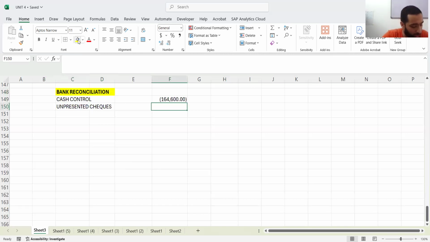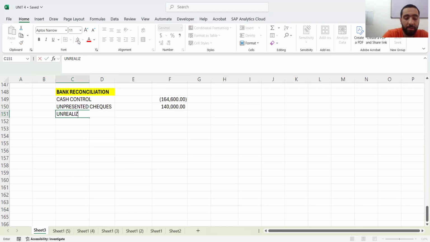Unpresented checks is how much? Out of 540, only 400 has been presented. So how much have you not presented? 140,000. Then unrealized. Unrealized is how much? Out of 440, only 360 has been realized. That means 80,000 is not realized.